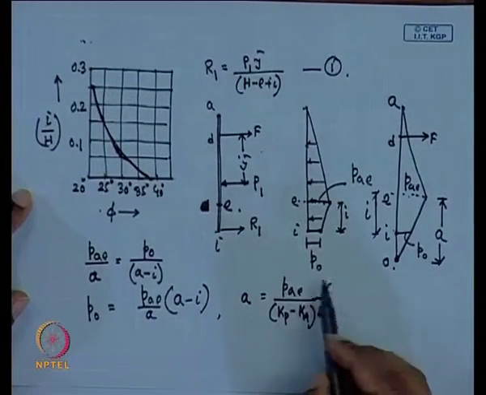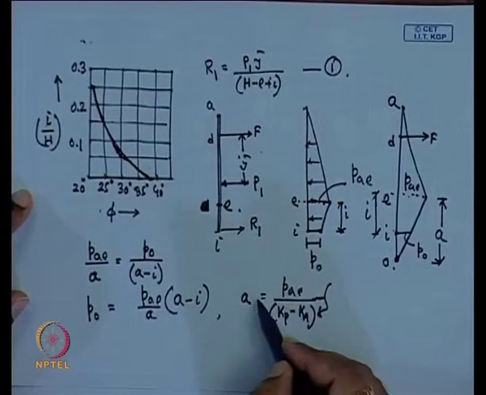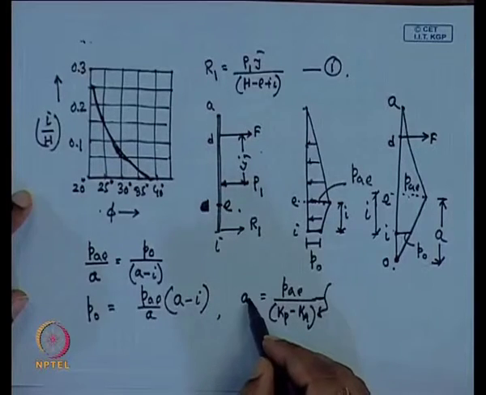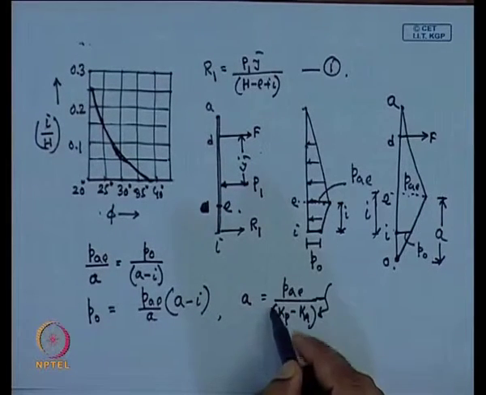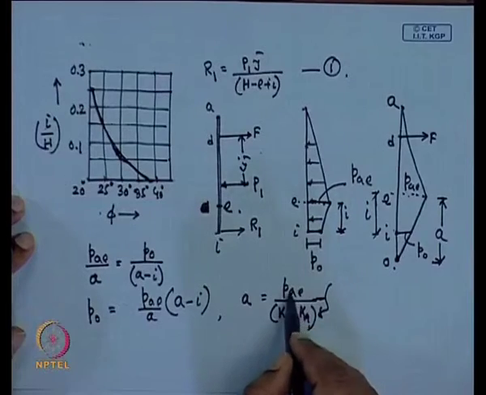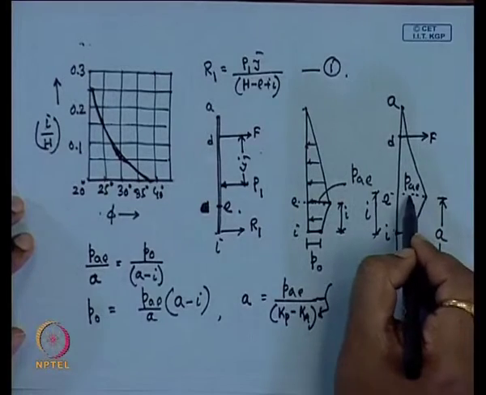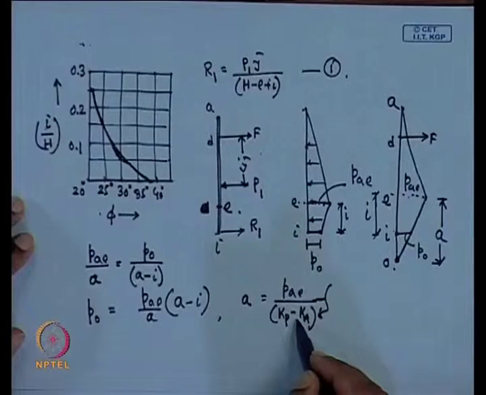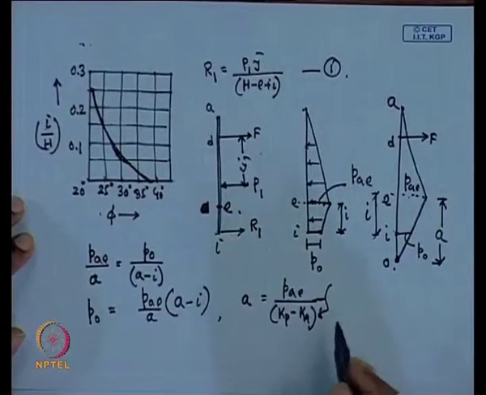We have already discussed that we can determine the distance of the point where the stress value is 0 from the dredge level, that is A. So that A we can determine as P A E, the active pressure at dredge level, divided by the difference of the two coefficients, passive earth pressure minus active earth pressure, into gamma.